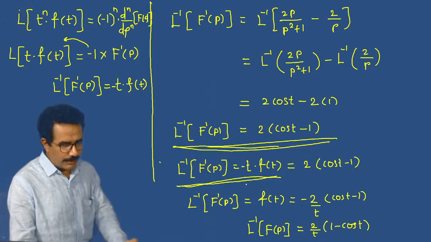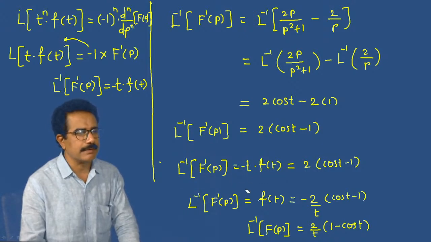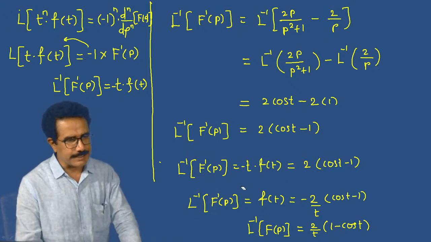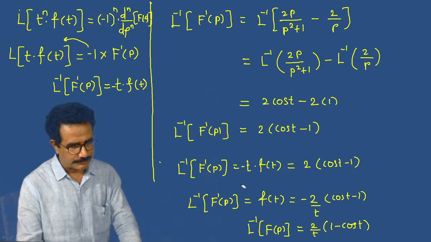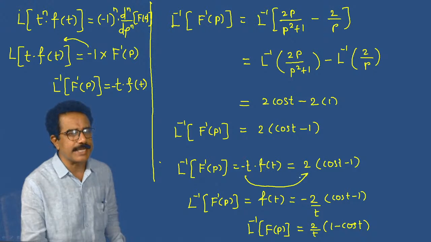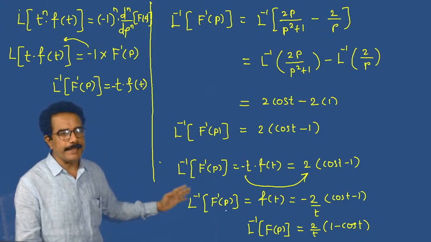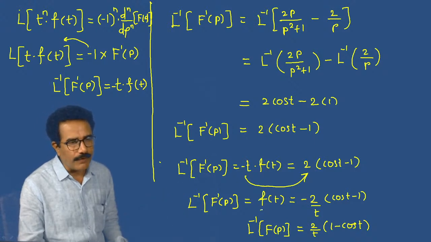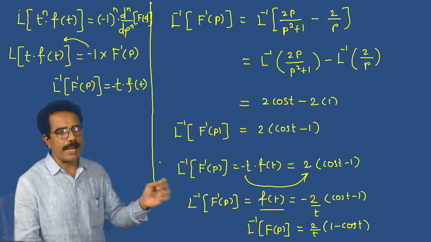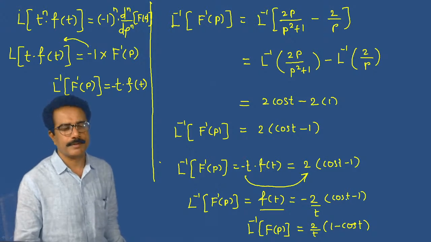Now we have to transfer this minus t to the right side. So what will we get? f of t is equal to minus 2 divided by t into cos t minus 1.